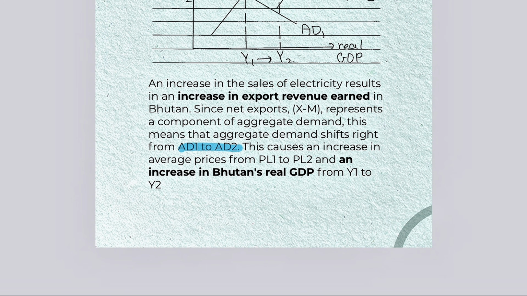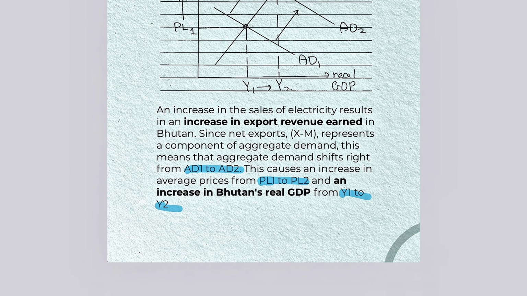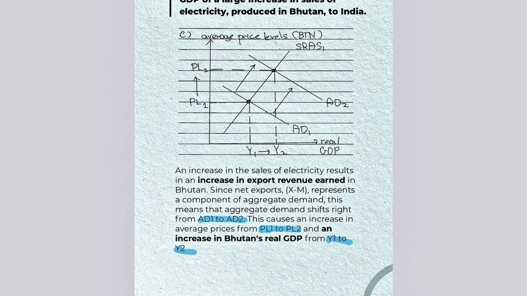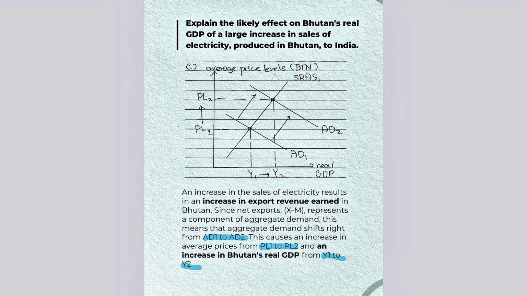This causes an increase in average prices from PL1 to PL2, and an increase in Bhutan's real GDP from Y1 to Y2. I have put in bold the cause and effect in the writing. As the cause of a large increase in sales of electricity produced in Bhutan to India, this will increase the export revenue earned. And the effect of this is that there will be an increase in real GDP in Bhutan.